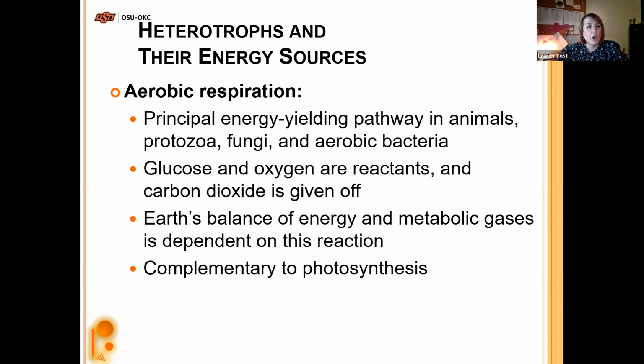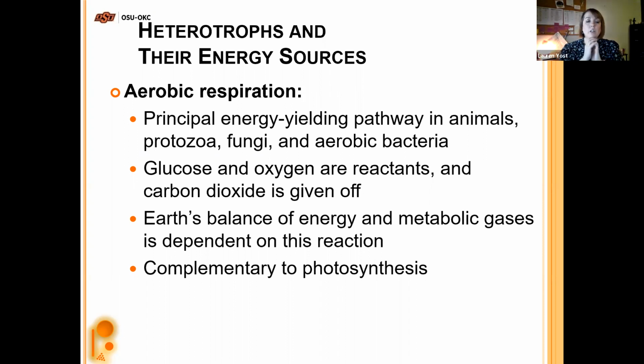Okay, so aerobic respiration is what we're going to get into. This is what we do. Aerobic respiration is the principal energy yielding pathway in animals, protozoa, fungi, and aerobic bacteria. It needs oxygen. That's why it's aero. Glucose and oxygen are reactants, and that means they're getting put in, and carbon dioxide gets given off as a result.